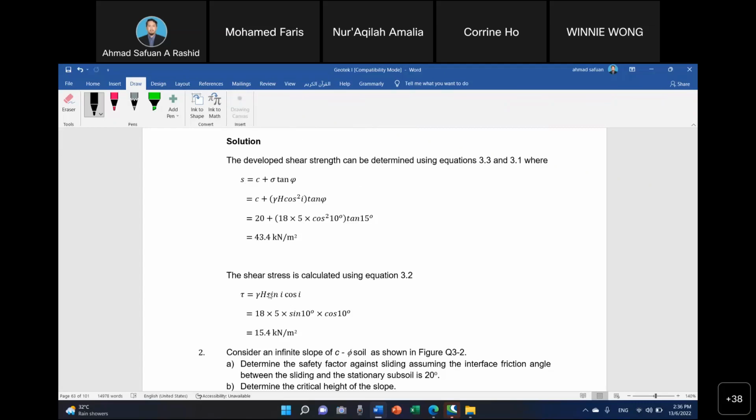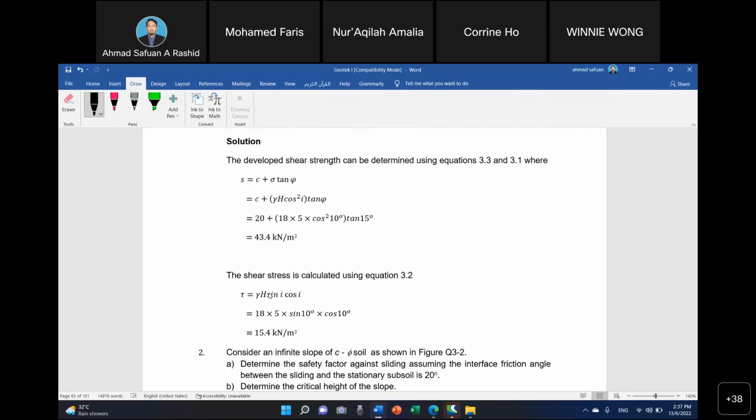So the value is 43.4 divided by 15.4, which is 2.81.